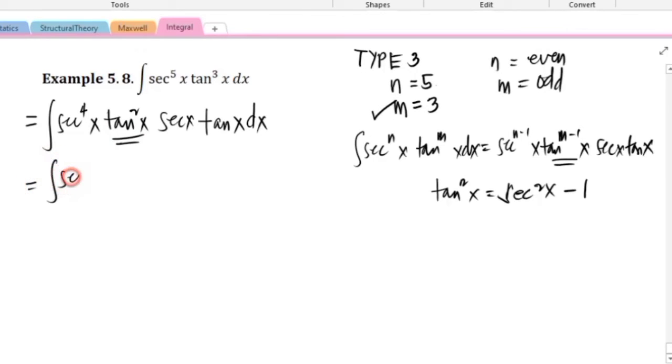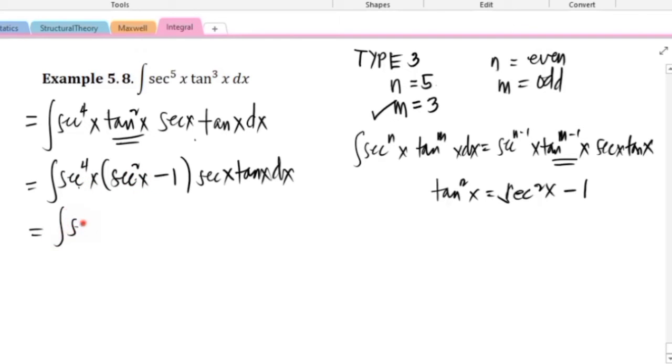And that is secant to the 4th x, secant square x minus 1 multiplied by secant x tangent x dx. And distribute natin, so secant to the 4th times secant square, so it's secant to the 6th x multiplied by secant.